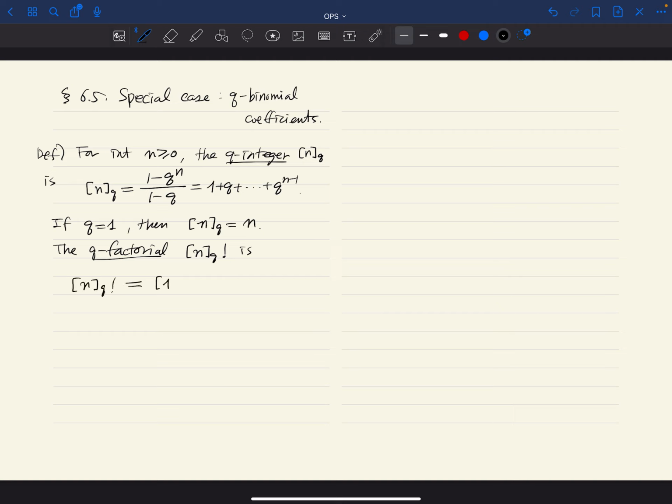Definition: 1q, 2q, up to nq, like n factorial with the q integers. Quite simple.